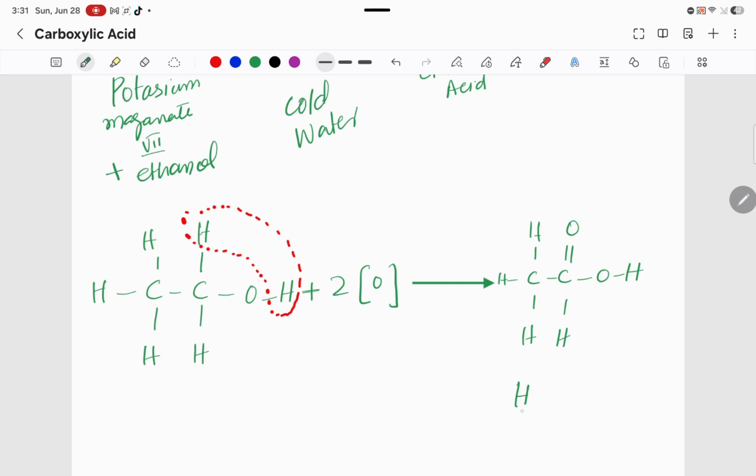They will be H2, and instead 1 oxygen is being moved here, and we are left with 1 other oxygen, that is H2O.